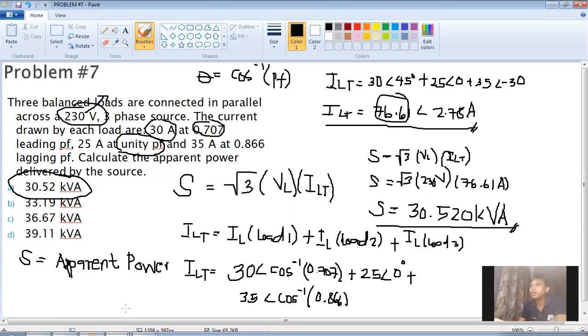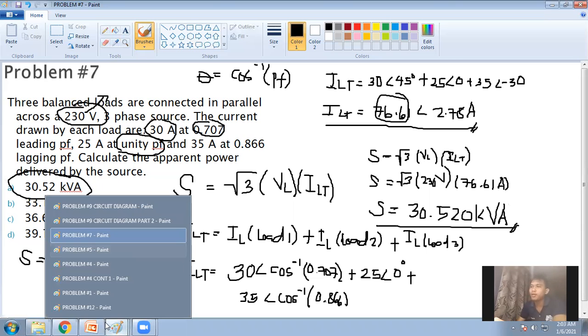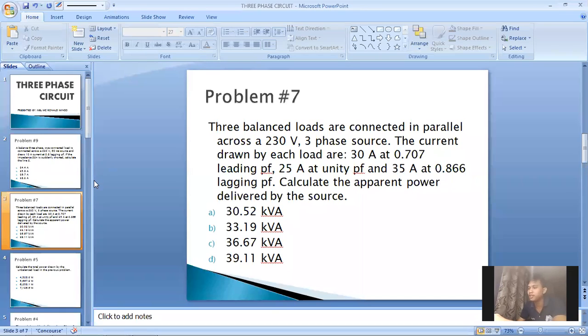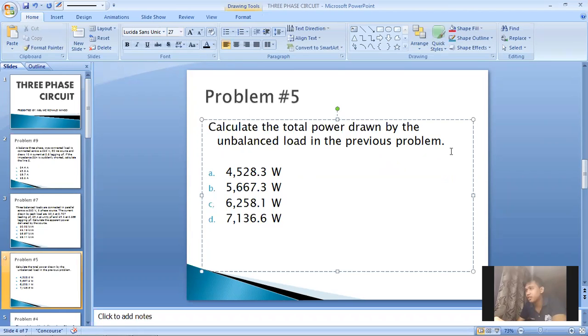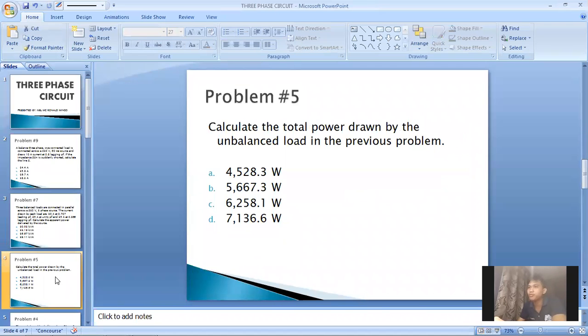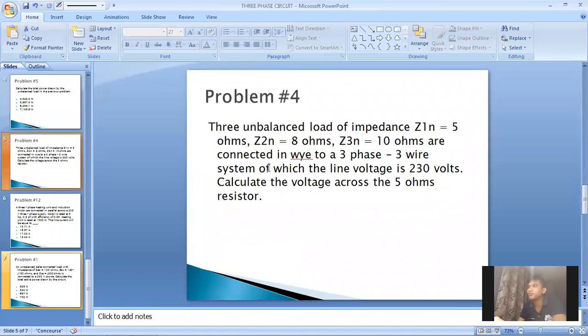So moving on to the next problem. The next problem is: calculate the total power drawn by the unbalanced load in the previous problem. The previous problem is problem number 4.